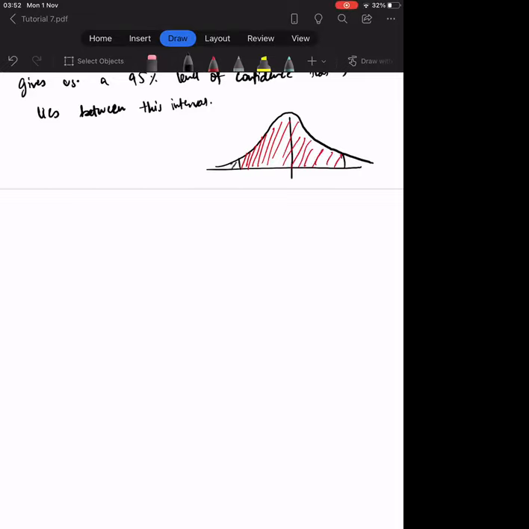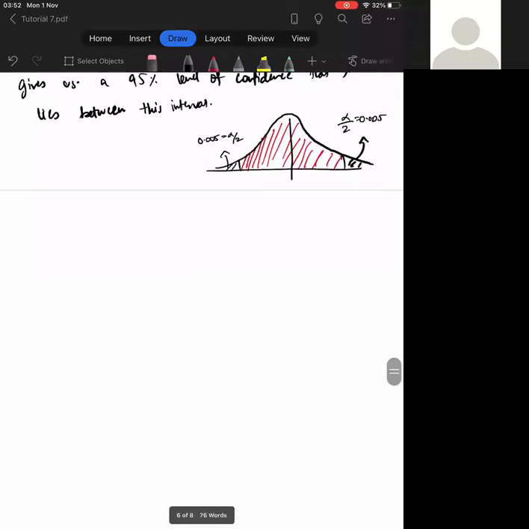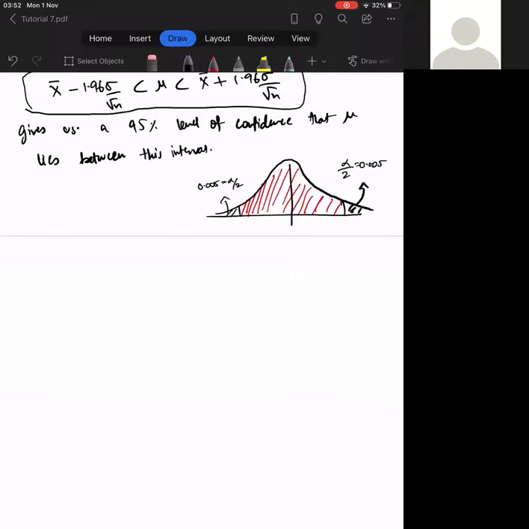The remaining tails would be alpha by 2, which for 99% should be 0.005. Same for this one. And yeah, that makes the red area equal to 99%.